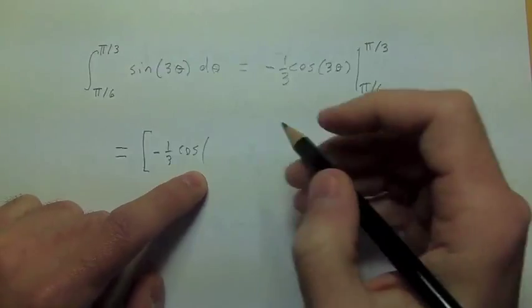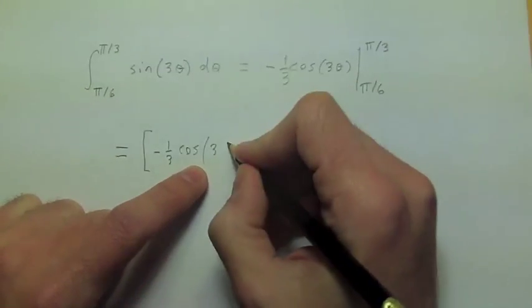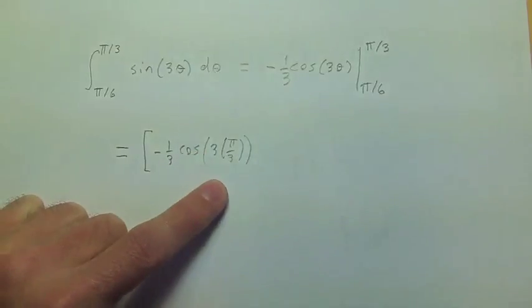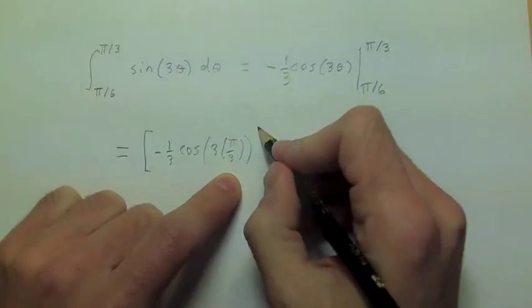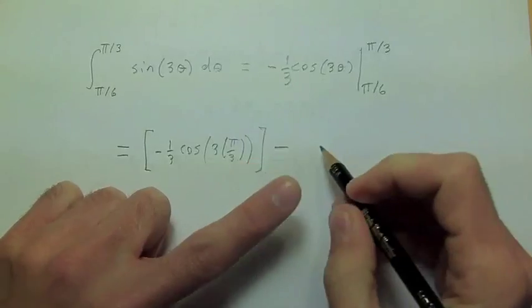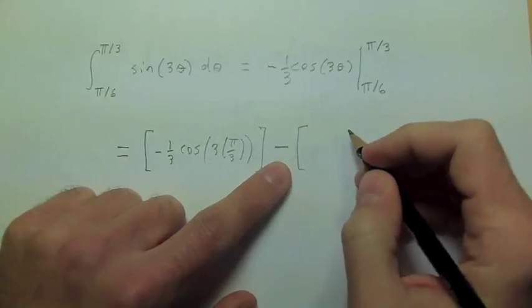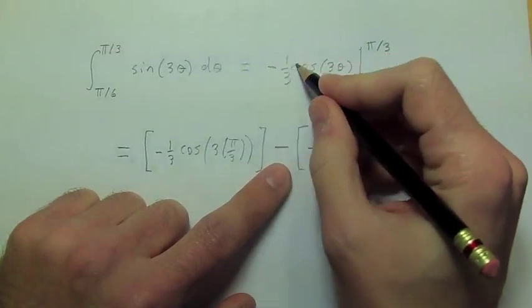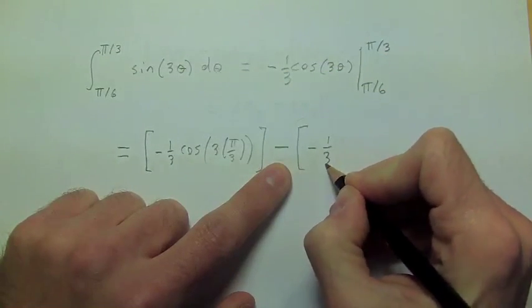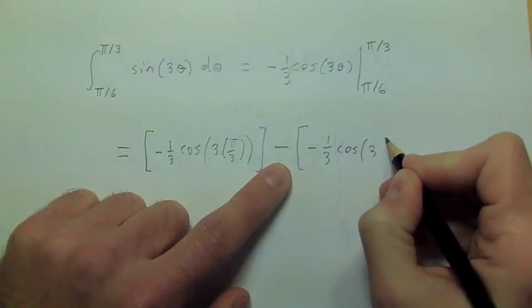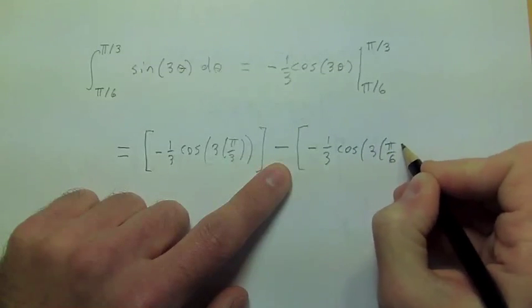So anyway, I'm going to plug in pi over 3 into cosine of 3 theta. And then this minus sign, and this piece I'm going to plug in pi over 6. And again, this is still negative, cosine of 3 times pi over 6.